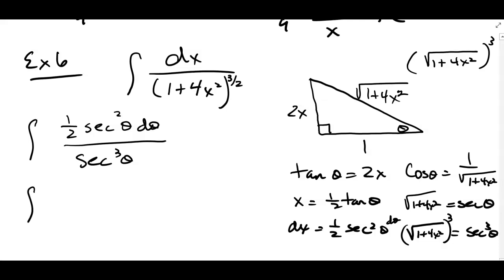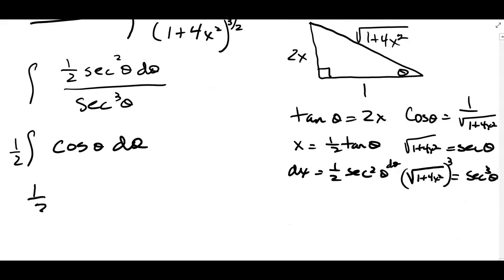Reduce it. And this one actually works out very nicely, though it seemed more complicated in the beginning, because you have secant squared on top, secant cubed on the bottom. I moved the 1/2 out front. 1 over secant, because we know 1 over secant is just cosine.